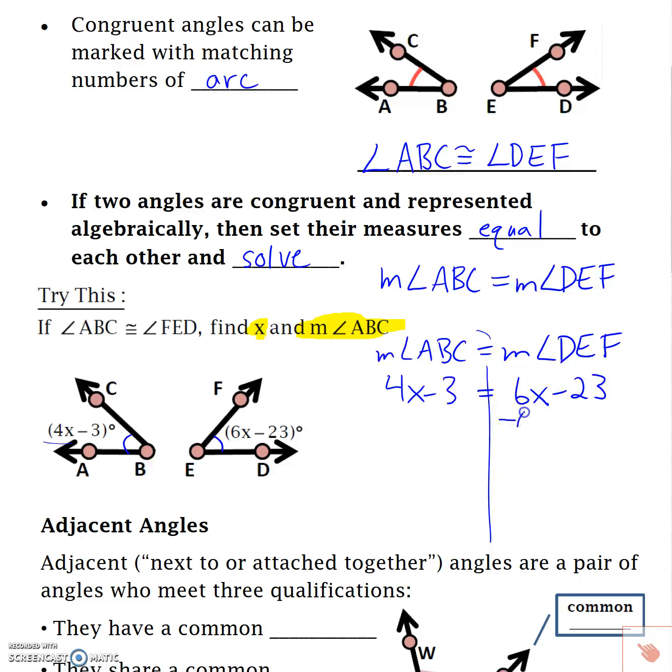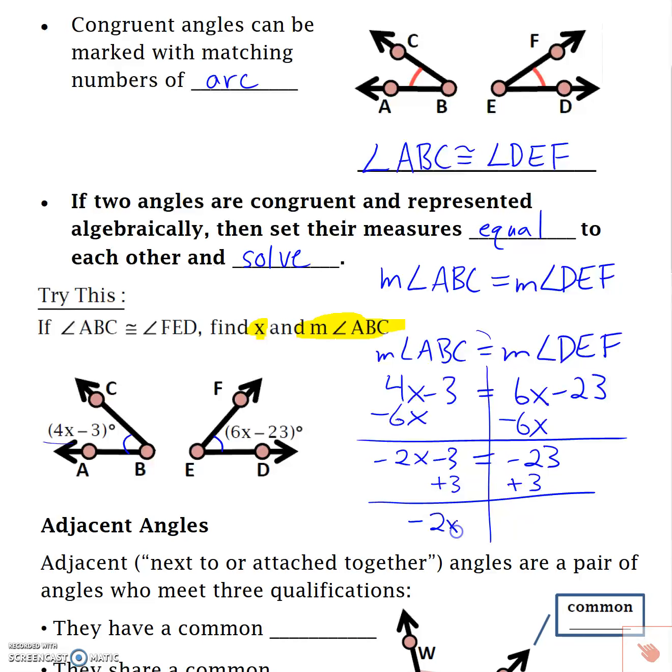I'm going to start by moving the x's all to the left by subtracting 6x from each side. When we do that, we get negative 2x minus 3 equals negative 23. So all of our x's are on one side. Now I'm going to move this minus 3 to the right by adding 3 to each side, and we get negative 2x equals negative 20.